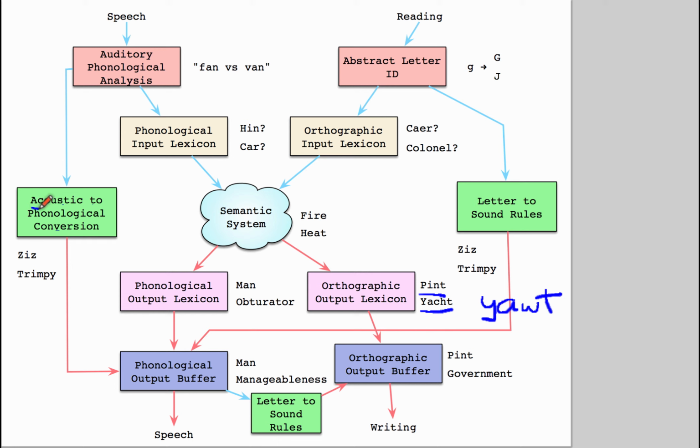In other words, they hear what you say, they hold that phonological information in their mind in the buffer, then they do their letter to sound rule conversion here, so they say to themselves y, ah, I think that would be ah, t, right? And then they send it to the buffer for the motor planning to write it out. Yacht.